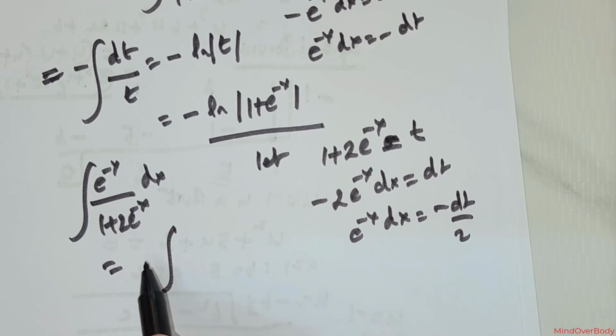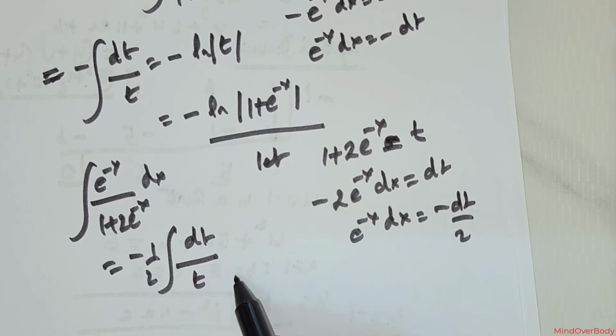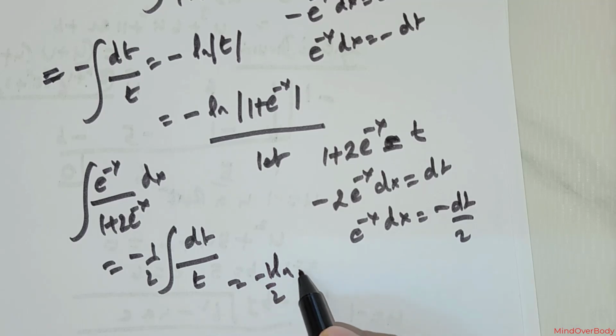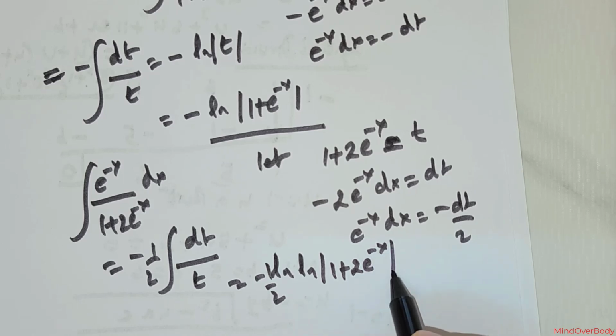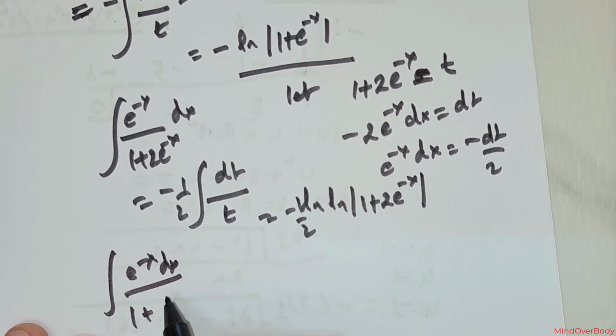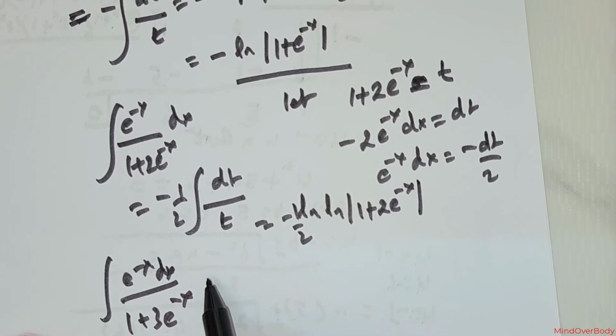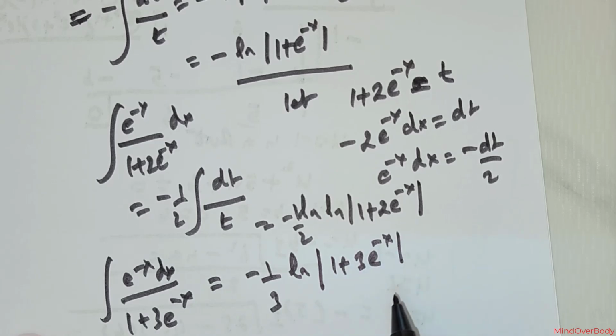So this will be 1 over 2 with a negative sign and dt divided by t, which is going to be negative 1 over 2 times ln modulus 1 positive 2 times e raised to the power of negative x. Similarly, for the other quantity, e raised to the power of negative x dx divided by 1 positive 3 times e raised to the power of negative x, this is going to give you negative 1 over 3 ln modulus 1 positive 3 times e raised to the power of negative x.